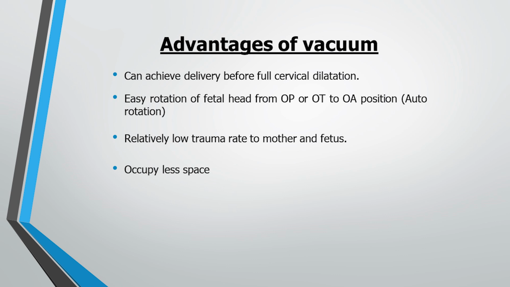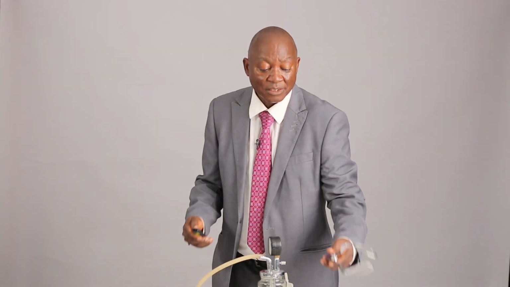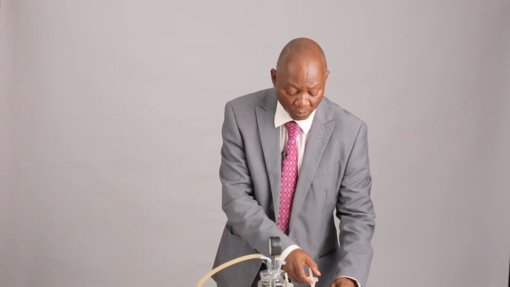Compared to forceps, it has a low trauma rate to mother and fetus. And it occupies less space. You can see the blade of the forceps takes a lot of space compared to the space the cup of the vacuum will occupy.